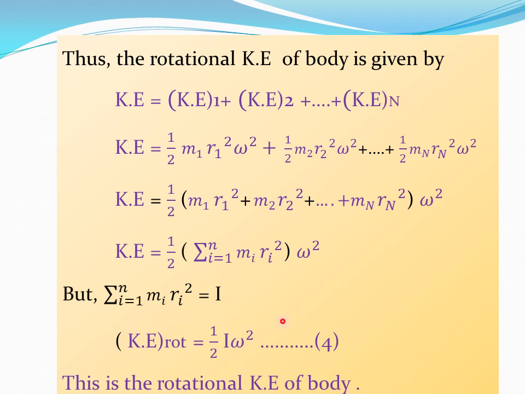Equation 4 represents the rotational kinetic energy of the body. Rotational kinetic energy's equation is kinetic energy with suffix ROT. ROT means rotational. Kinetic energy rotational equals 1/2 into I into omega square, where I means moment of inertia and omega means angular velocity of the rotating body.